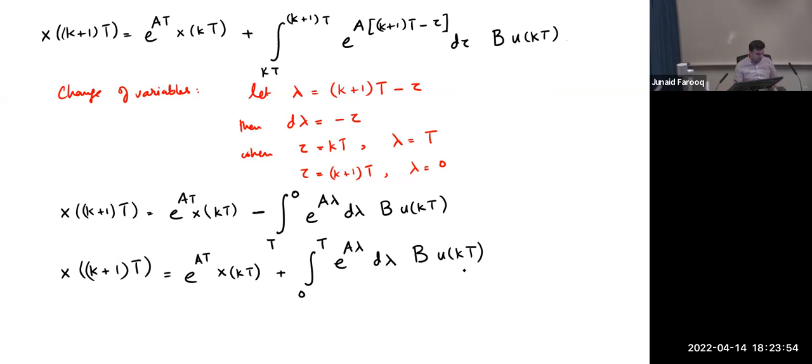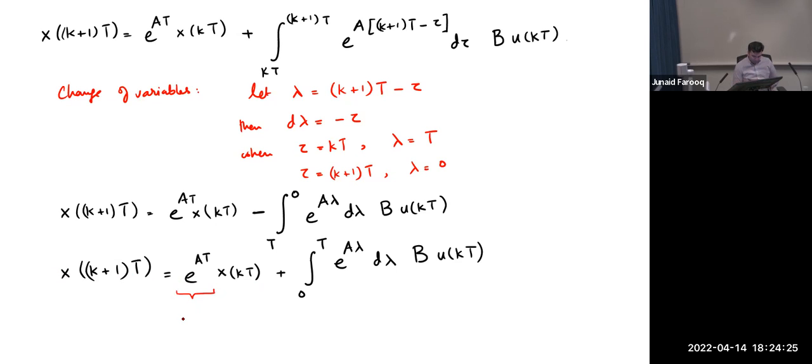Now from here, if we compare the solution to the discrete time system, this is the dynamics, right? It's a dynamical system in discrete time. So x(k+1) is some matrix times x(k).